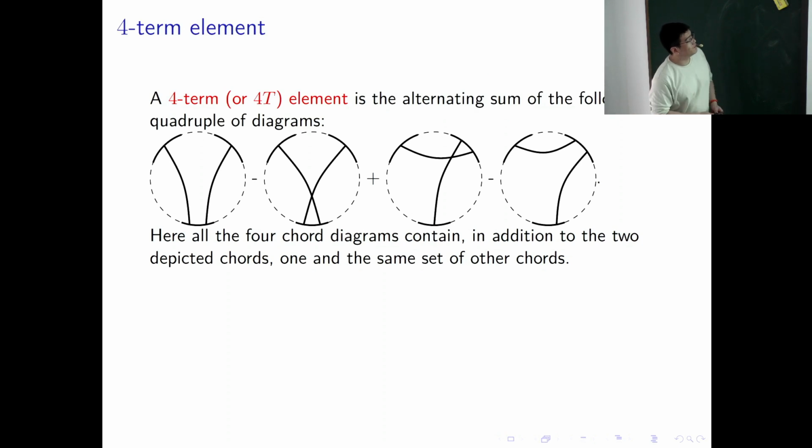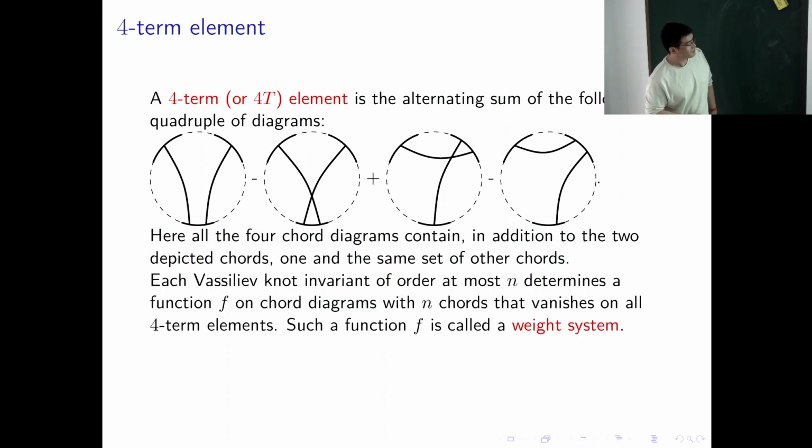Here I draw what is called the four-term element with this diagram. Looking at two chords, you move one endpoint of one chord to the place of another chord's endpoint, and all the other chords remain the same. So each Vassiliev knot invariant of order n is determined by a function on chord diagrams with n chords that vanishes on the four-term elements. This function I call a weight system.